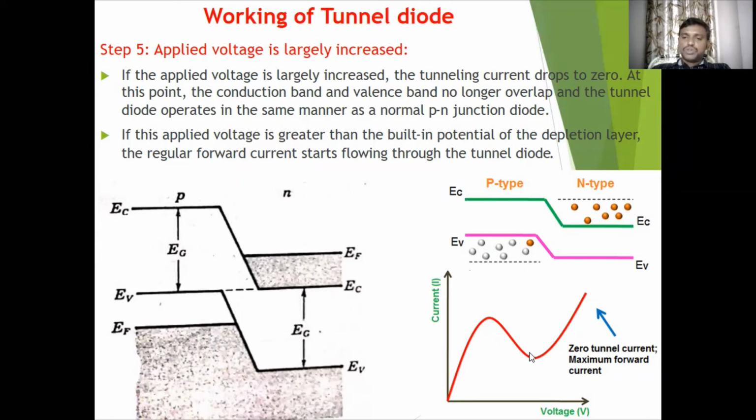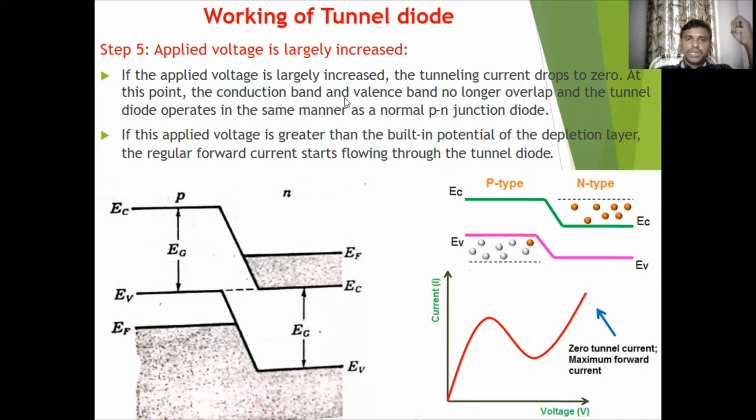After reaching the zero tunnel current, the maximum forward current will flow, because if you increase the input voltage very largely, the conduction band of the p type and the conduction band of the n type will be overlapped. So there is a movement of electrons from the n type to the p type. There is no tunnel current here. The maximum forward current will flow. If the applied voltage is largely increased, the tunneling current drops to zero.